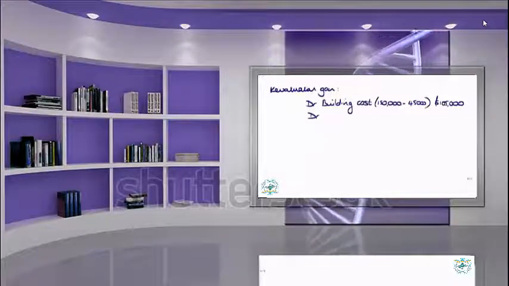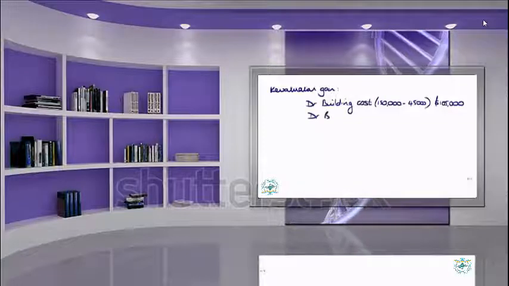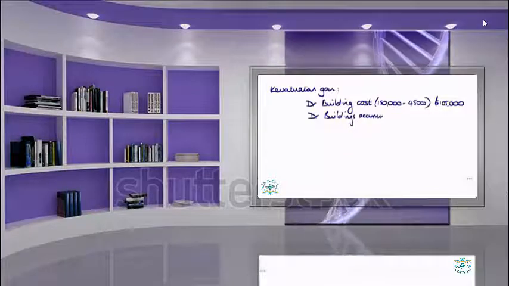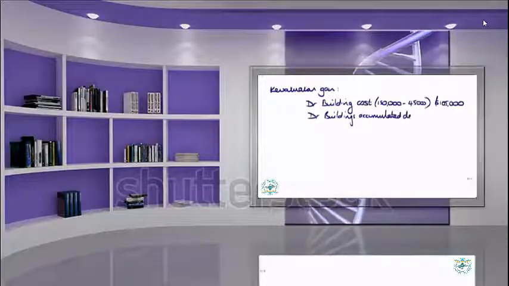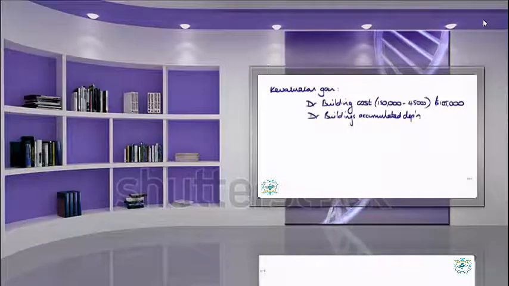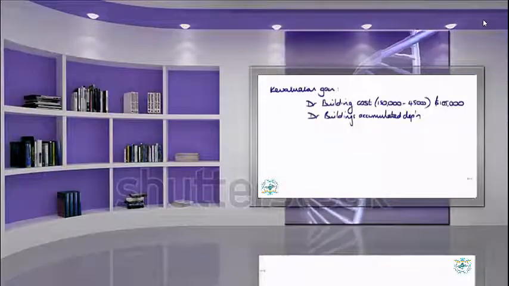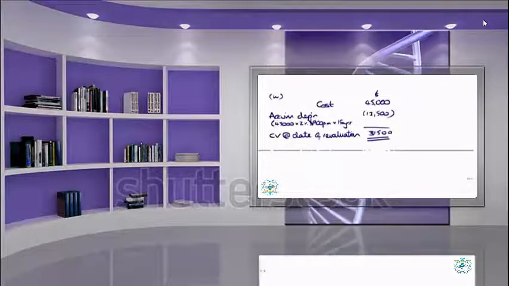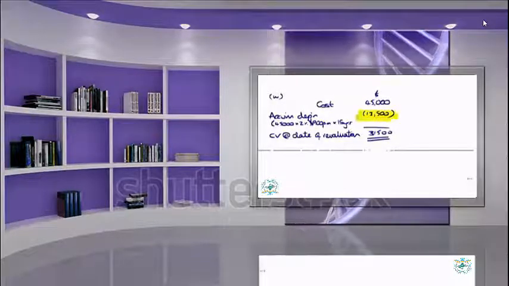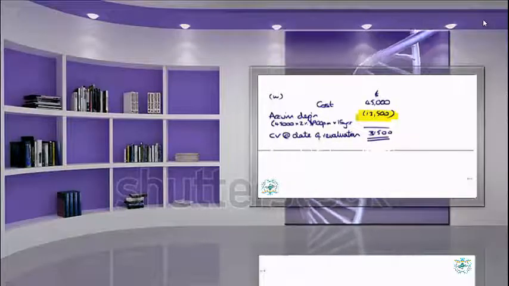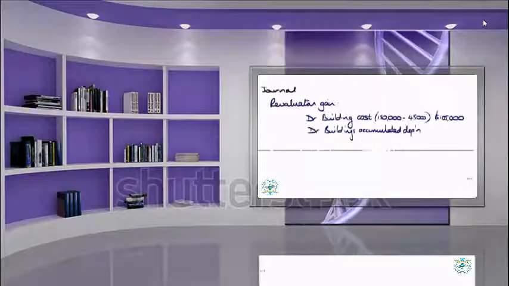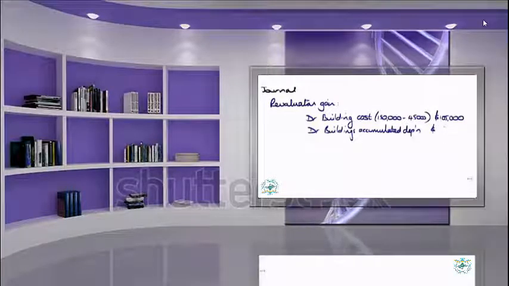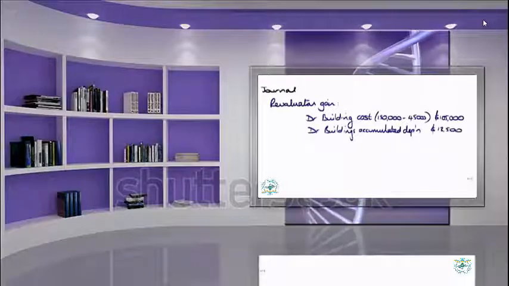So what I do is I remove the accumulated depreciation by debiting buildings accumulated depreciation. Now if you look back, we calculated that, didn't we? We said that the accumulated depreciation up until the date of revaluation was $13,500. So what we're going to do is remove it, debit it out, get rid. 13,500.